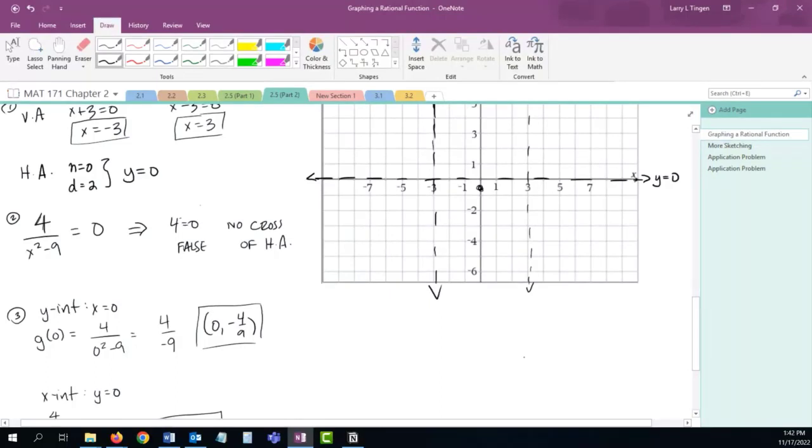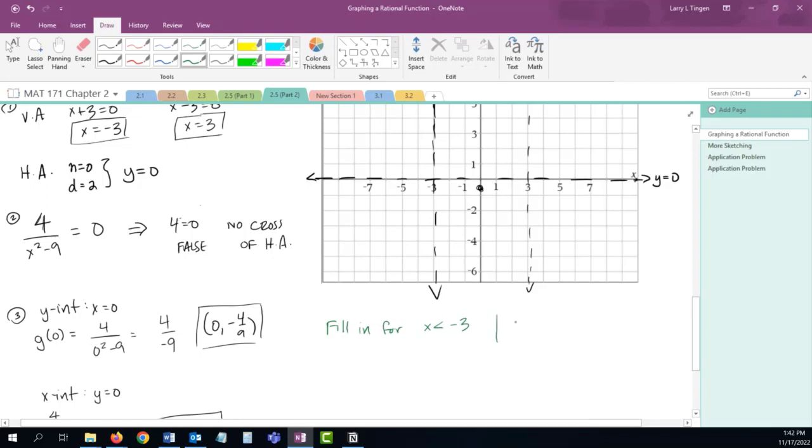And now I've got some issues, right? I have 3 sections that I need to fill. I have 1 point. So I'm going to need to fill in for x less than negative 3.